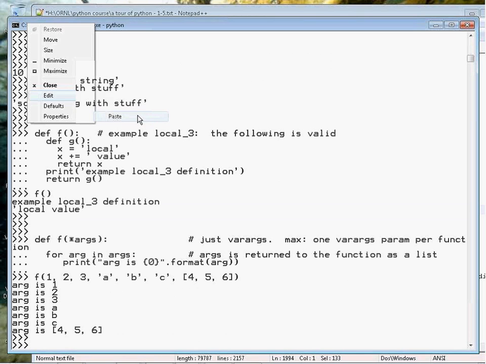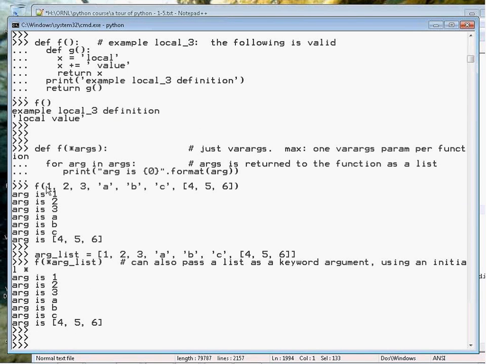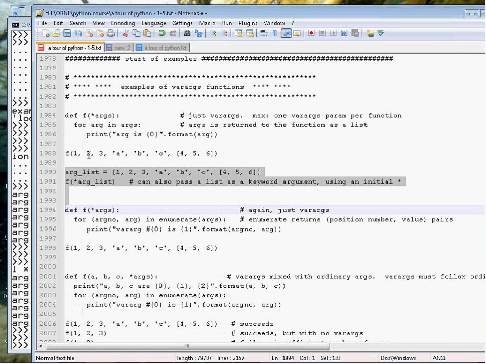Let me show what I'm saying. Notice the difference between these two calls.